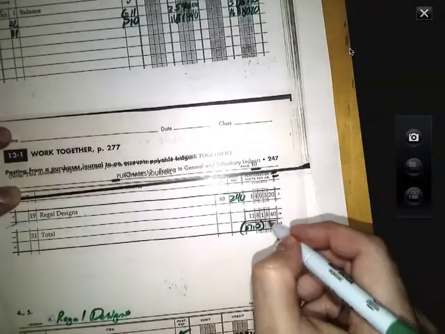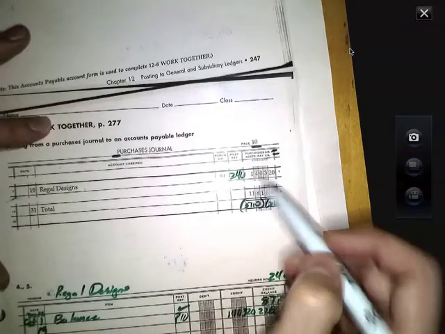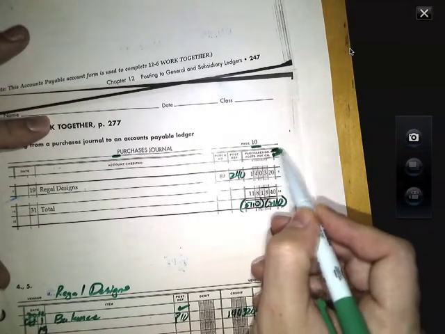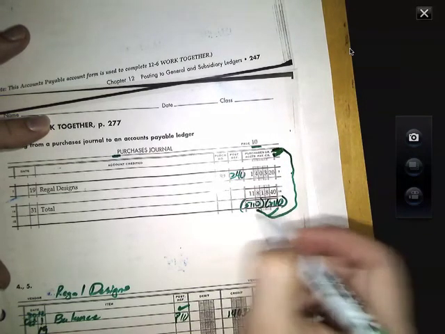2110. See that? Right here? Since there are two accounts here, one debited and one credited, we have two post references on the bottom.